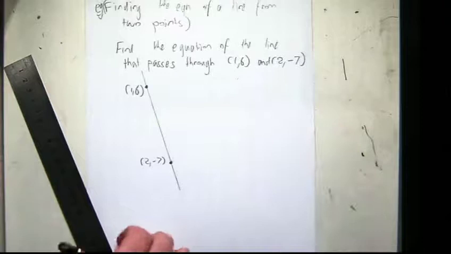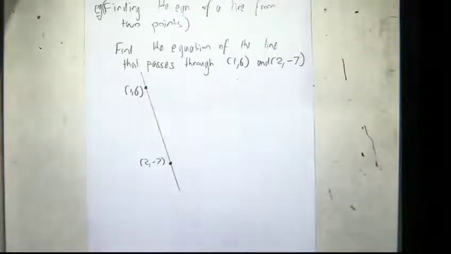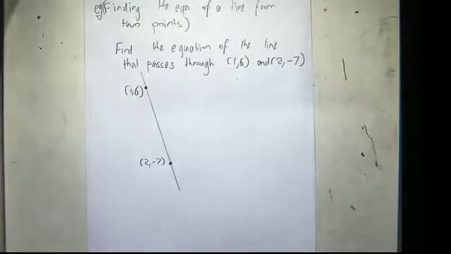I want to find the equation of that line. What that means is I need an equation that all the points on the line satisfy. So there are many ways to attempt to find the equation of the line, and even if you don't have a way of doing it, you can always find it out. Because all you need is to think of an equation that both of those points satisfy.